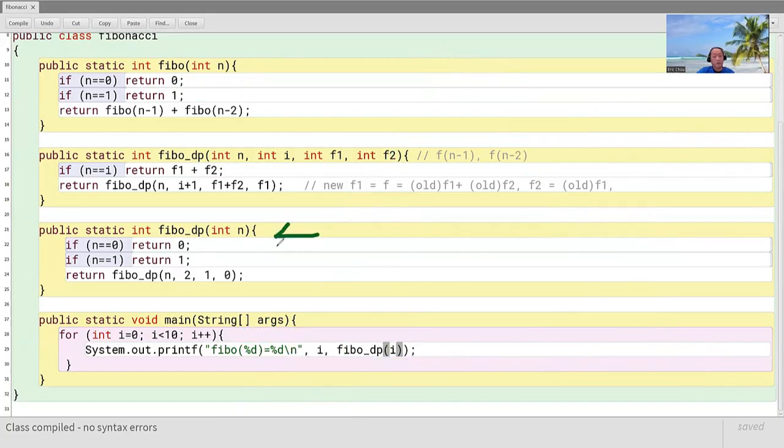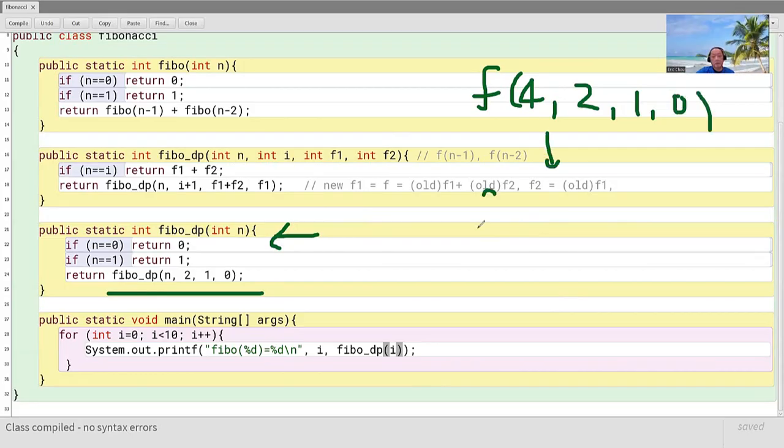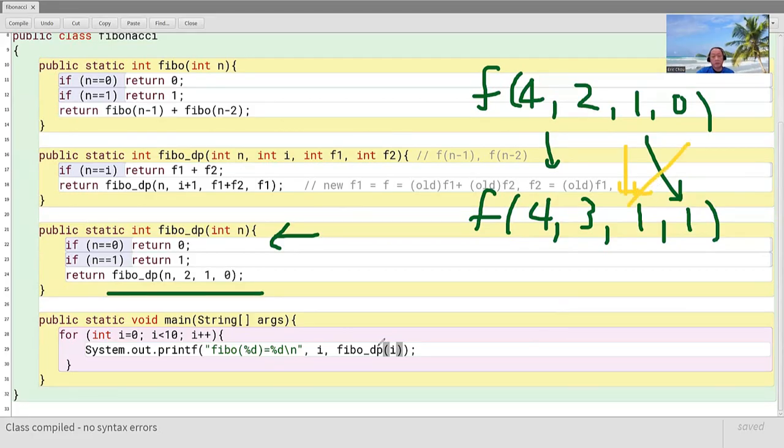Well, this one, let's assume this is 4, okay? We're calling f of 2, 1, 0, you call f of 4, 3, and then 1 and 1, okay? These two sum together to here.